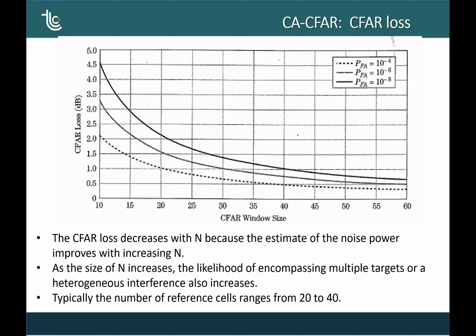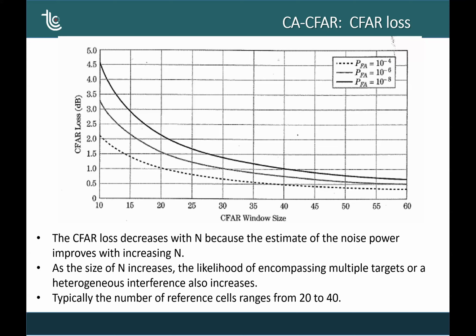So the losses in the adaptivity decrease, okay? So increasing the number of samples that we use for estimating the power, we improve the power estimate, and then we decrease the CFAR loss.